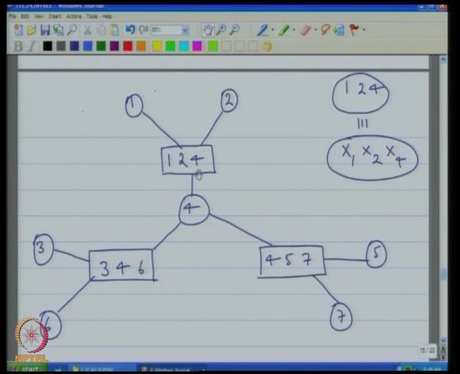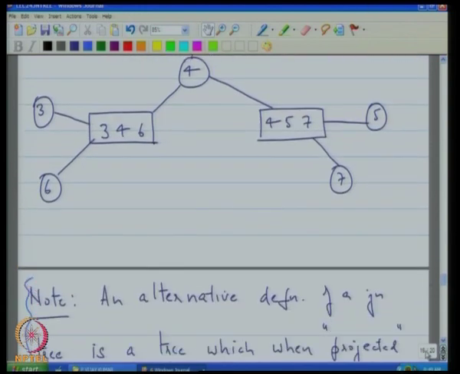But that is equivalent to saying that when you project this entire graph onto 4, since 4 is present in this node, the projection will have a node corresponding to this node, and a node corresponding to this node, and these nodes must be connected. This is why the definition that the projection be connected is equivalent to the definition that 4 be present in the variable set of every node that lies on this path. Okay, so, the two definitions are in fact equivalent.